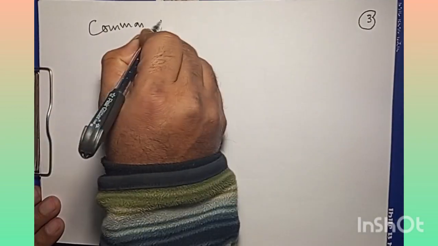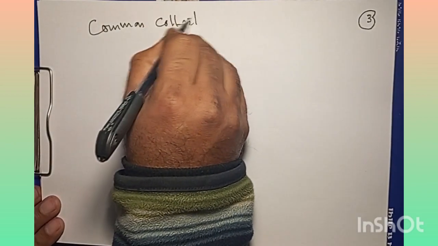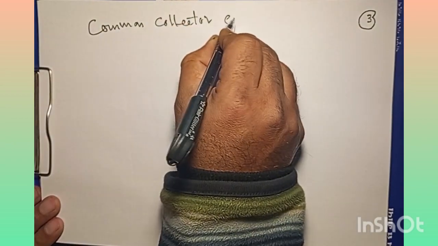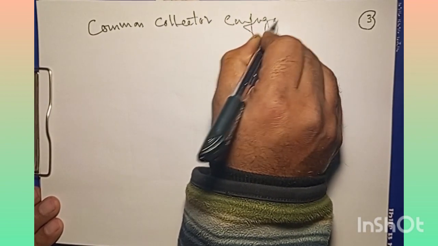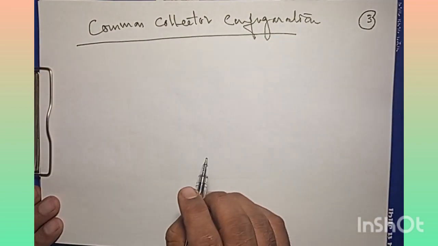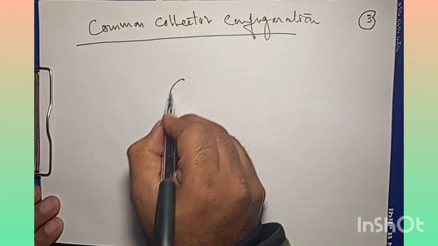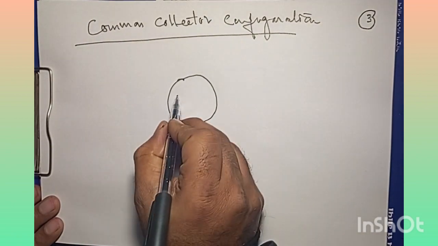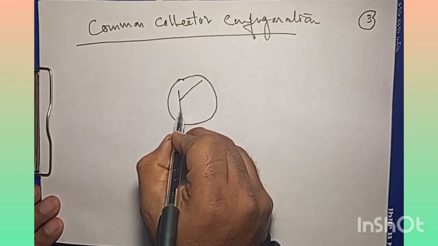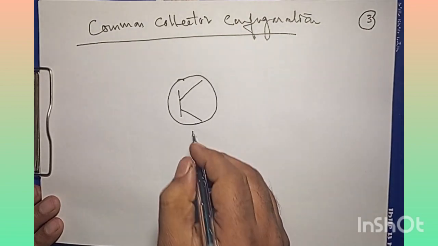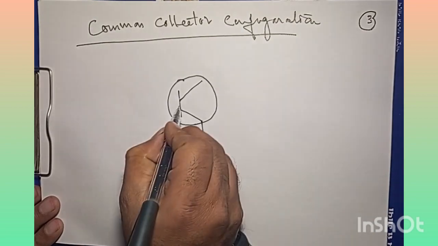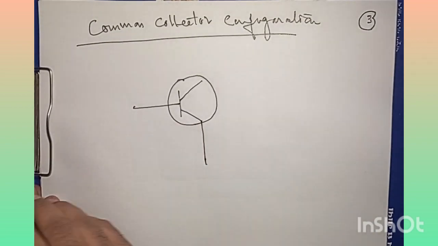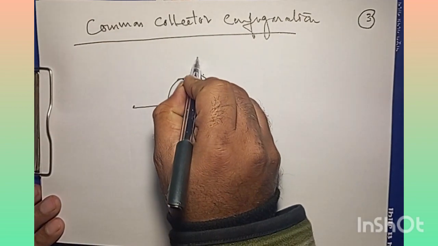As the name suggests, we understand that in this case the collector should be common between the input and the output circuit. So let me draw it. Let me assume that this is the collector, right? And this is the base, and this is the emitter.